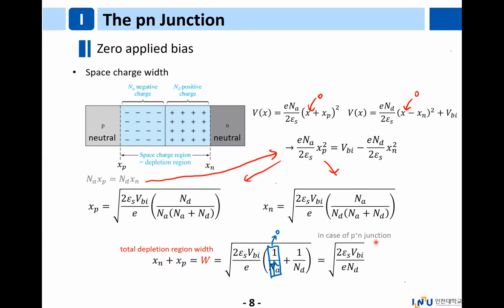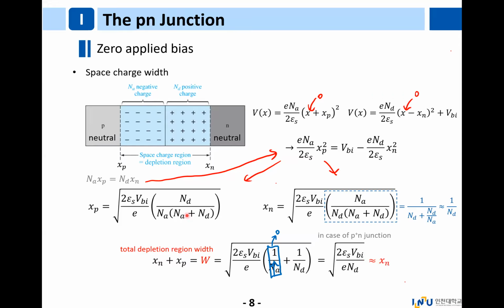And in the expression for Xn, assuming that Na is very large allows us to approximate this expression in the same form, right? Thus, we can conclude that the depletion region width is approximated to Xn.